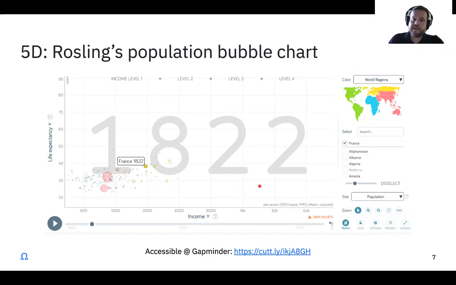So that's the fifth dimension, and we even add a sixth dimension by a tooltip. Here I have clicked on a random glyph, and we see that this is France 1822. So this encodes the particular country. That's a sixth dimension actually. So interaction can also add dimensions functionally to our visualization.